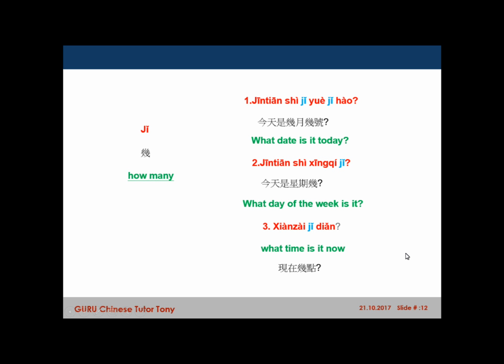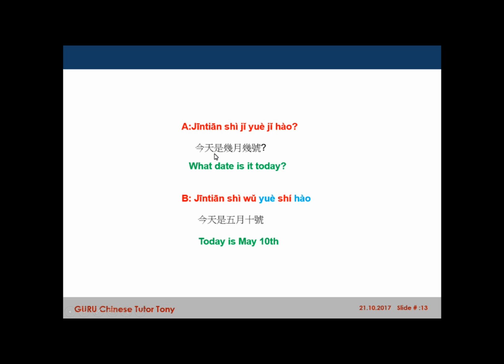Okay, now we're going to practice as person A and person B. I'm a single person, so maybe I'll play both. Person A: 今天是几月几号? What day is it today? 今天是5月10号. Today is May 10th.